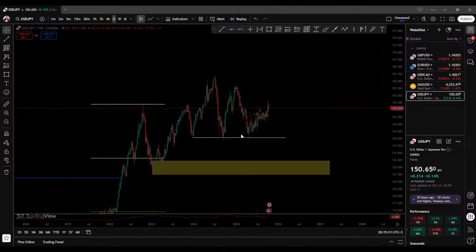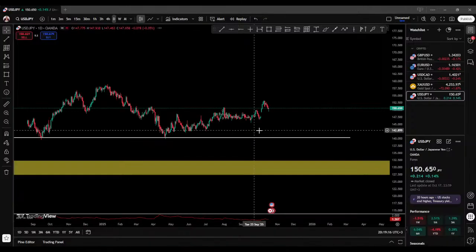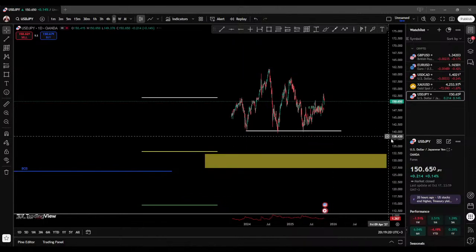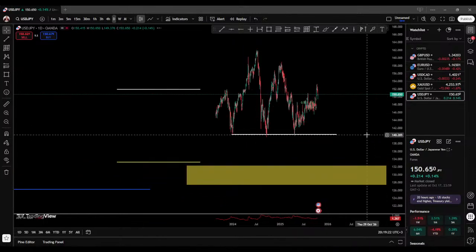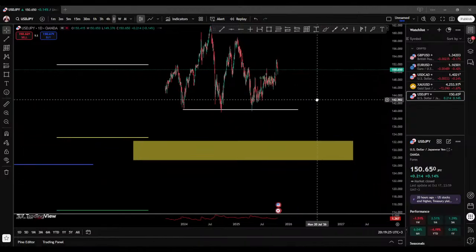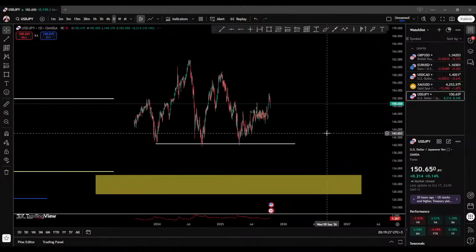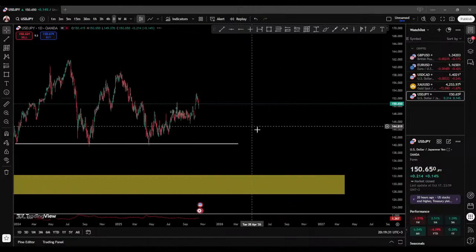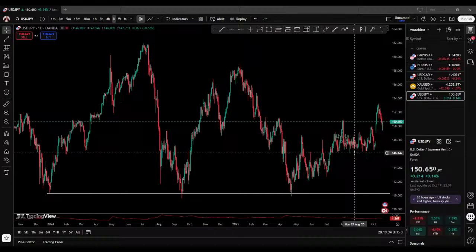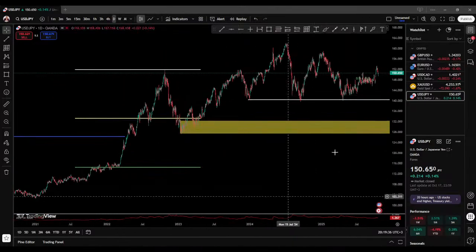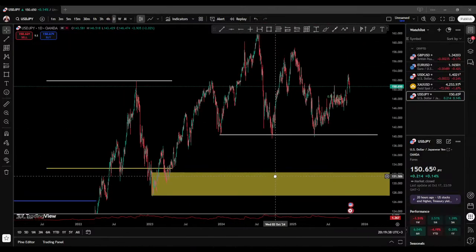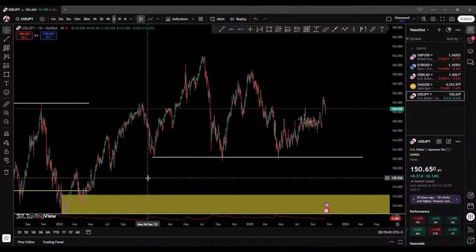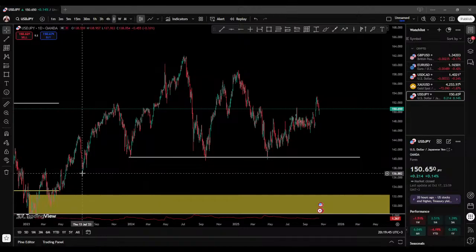So what do we have in the daily time frame? Okay, perfect. So this is our daily time frame. This is liquidity.